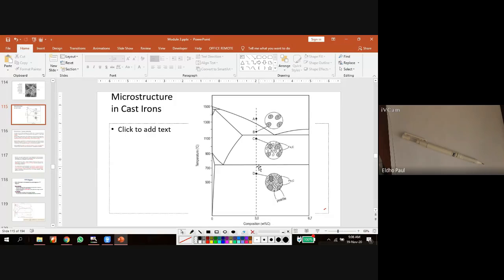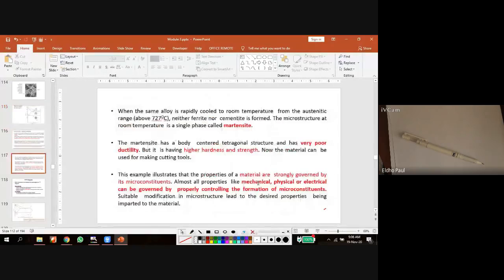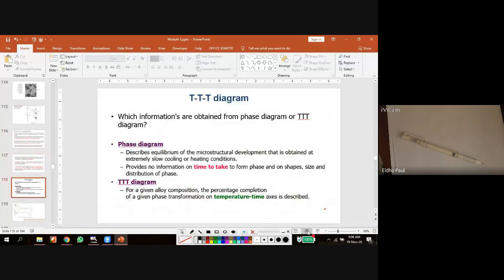We cannot vary the time. If we vary the time, the resulting diagram is not a phase diagram, because the phase diagram should be in equilibrium, and for the equilibrium process, the cooling should be slow. So that is the main disadvantage of phase diagram.